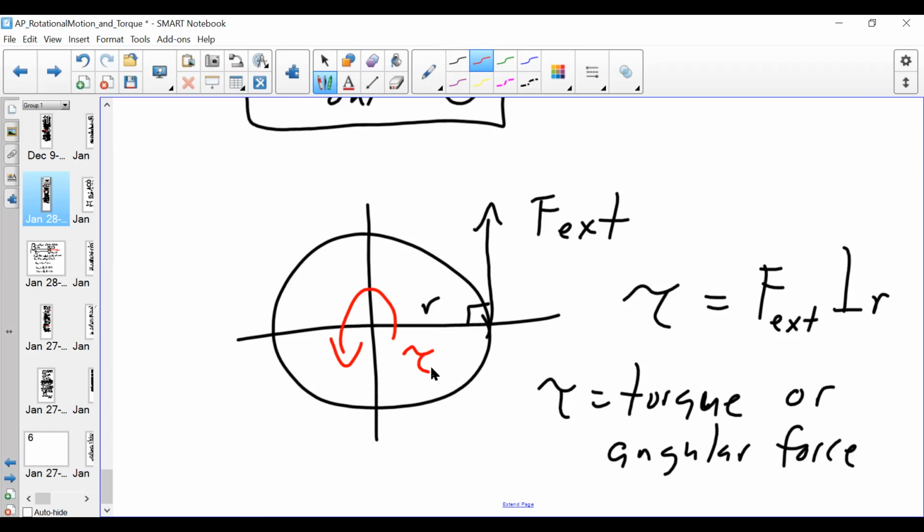And we're going to pretend like a rod is coming out of the plane of the page, and it's spinning. In this case, it's going to be spinning counterclockwise or clockwise, whatever. So that is the basic definition of torque.